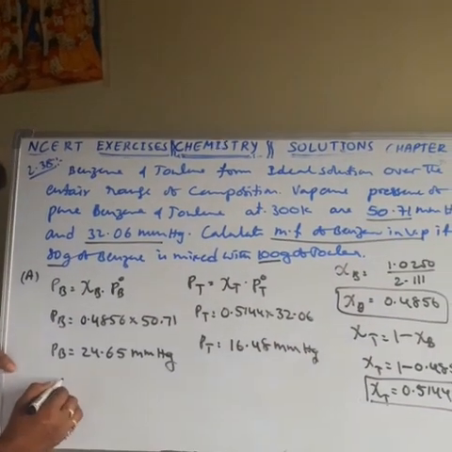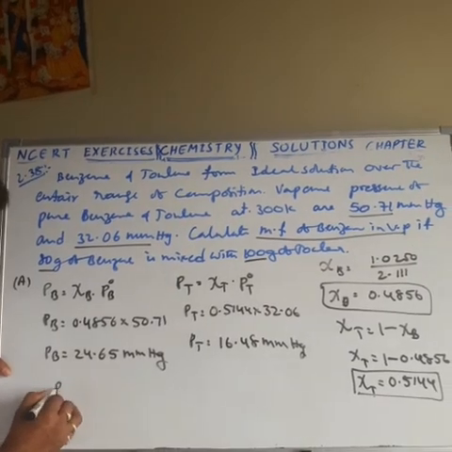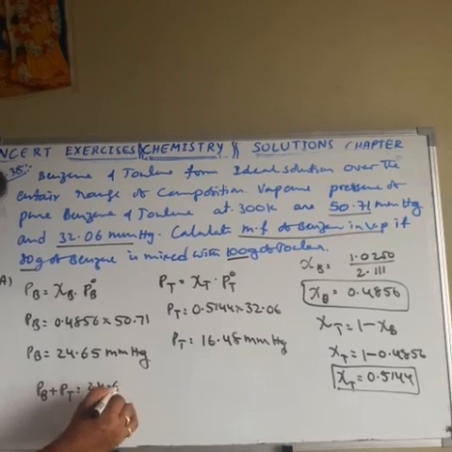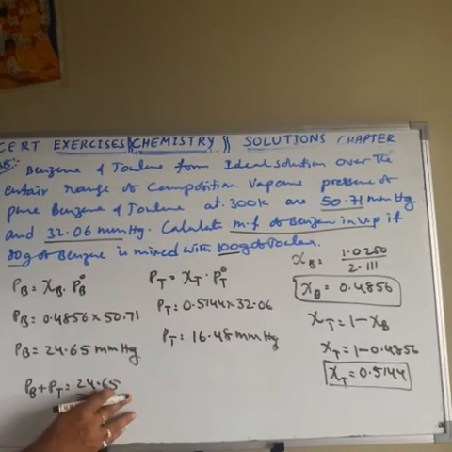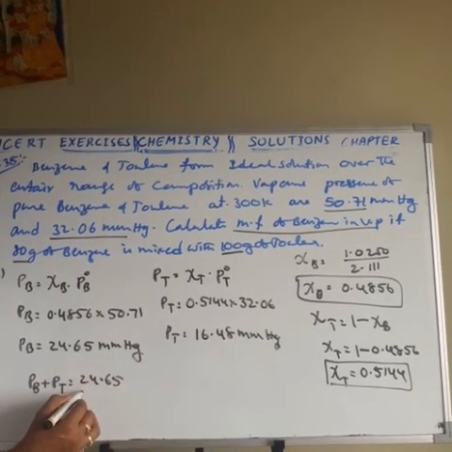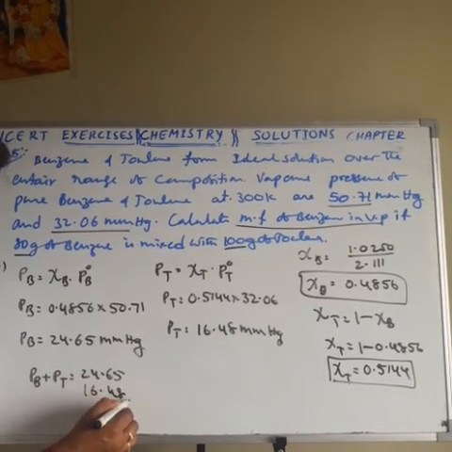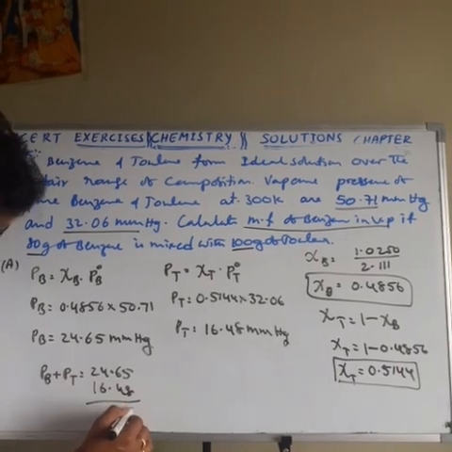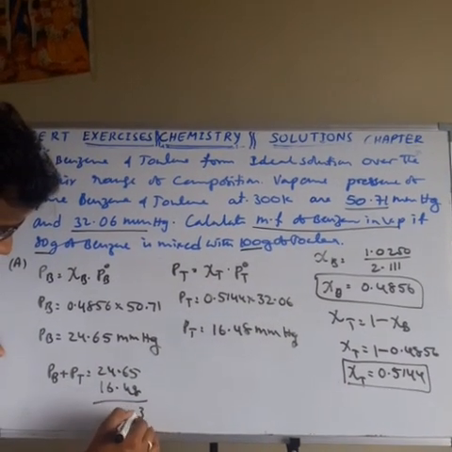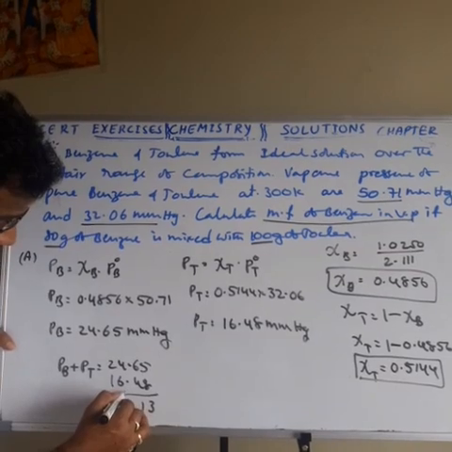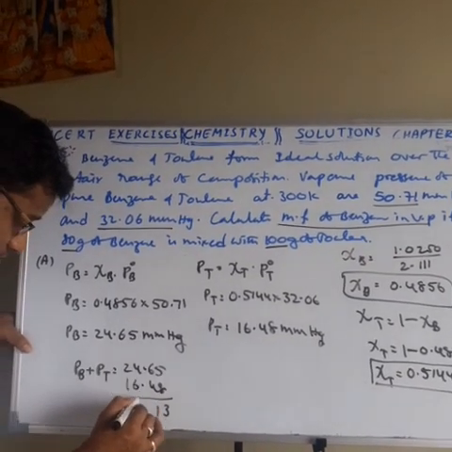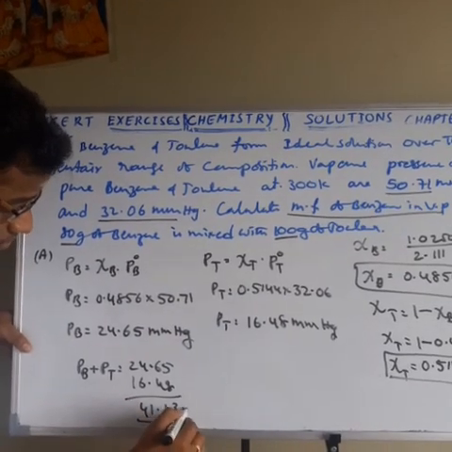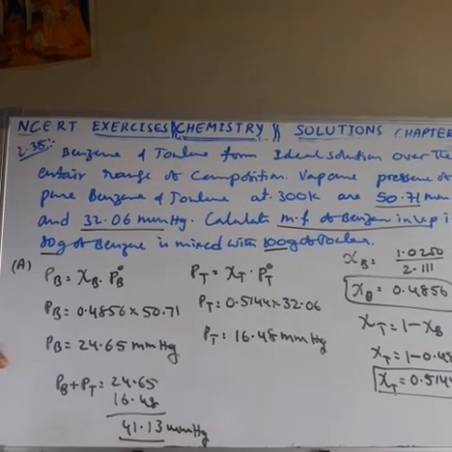Then the total of the partial pressures of benzene and toluene is 24.65 plus 16.48. How much did we get? 41.13 mm of Hg. That is the total vapor pressure of the solution.